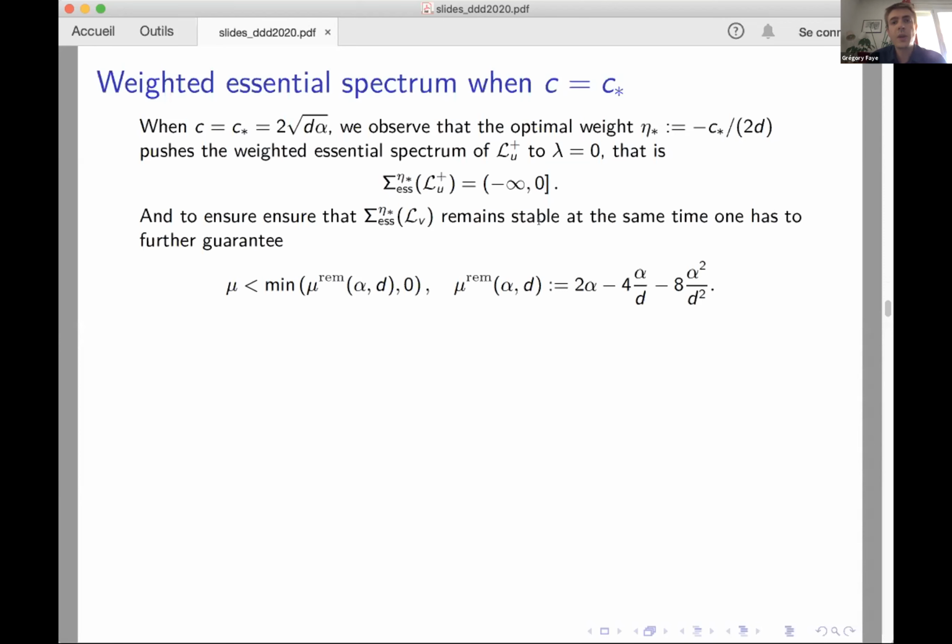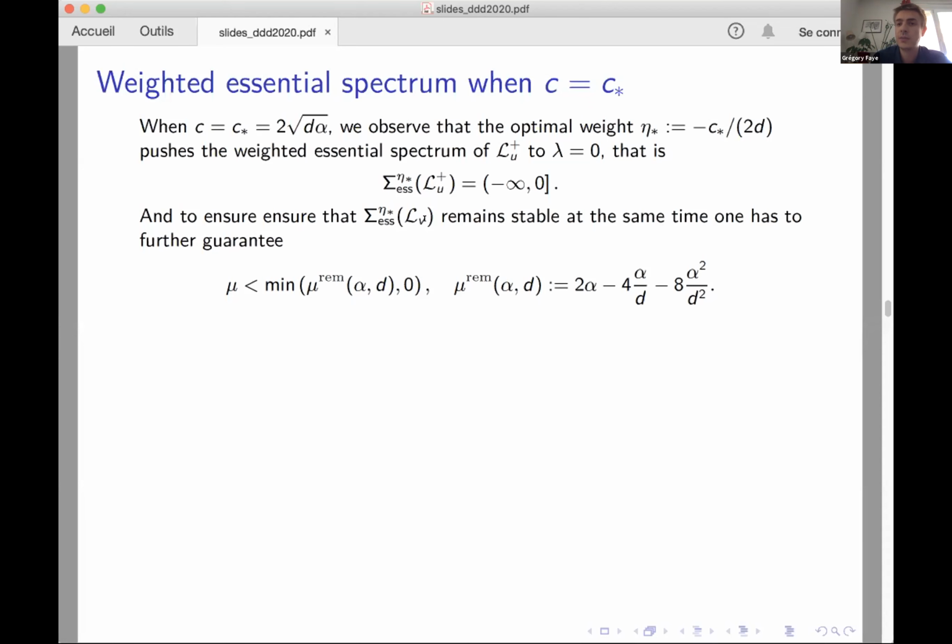The point here is that you can obviously find parameters D and alpha, and mu, for which this inequality is not satisfied. You cannot stabilize the V component and the U component at the same time. This is typically the definition of being remnantly unstable. So for any weight, you cannot stabilize the essential spectrum.